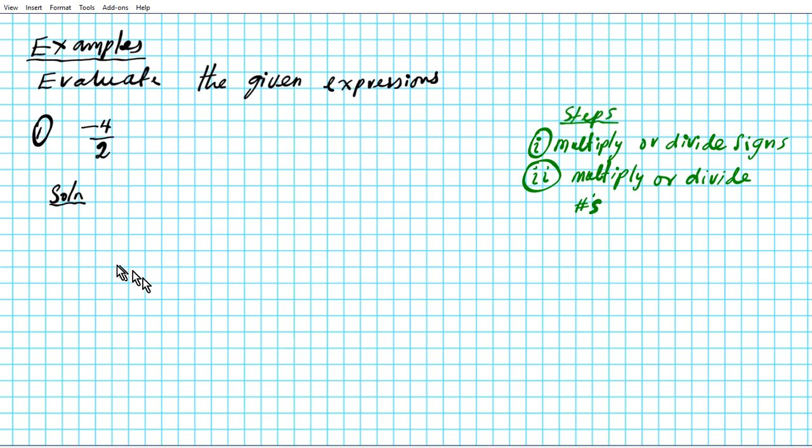Let's take a look at the first part. Part 1, we want to deal with the signs. Okay, in this case, we're dividing signs. So we're going to divide the signs. In this particular case, what's the approach? We have minus divided by plus. There's no sign here. The default sign for a number without a specified sign is positive.